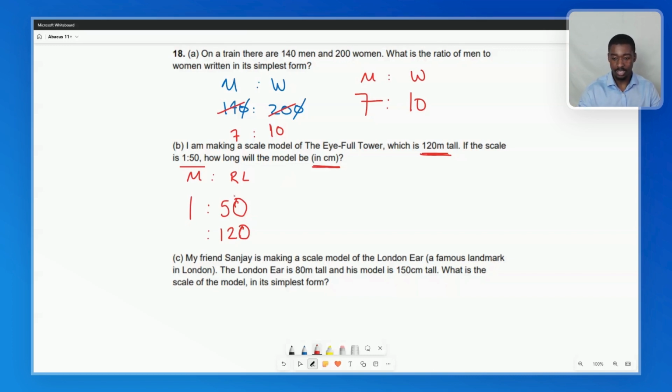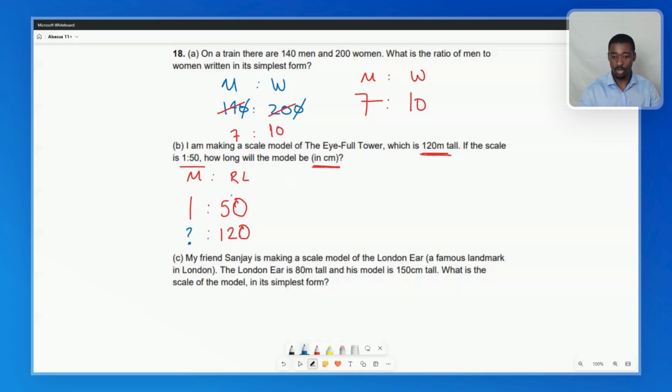Let's think about it like this. When it comes to ratios, we can keep it consistent either in the vertical direction or in the horizontal direction. We can use a different color here. In this case, it may be easier to make it consistent horizontally because we're trying to work out this value here.